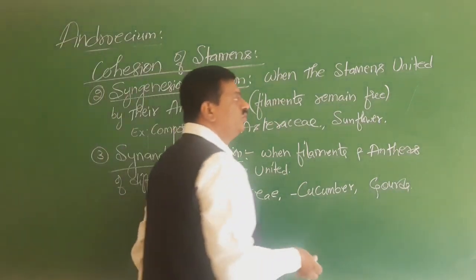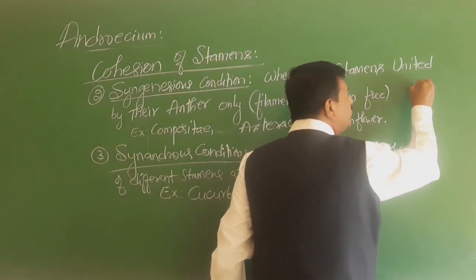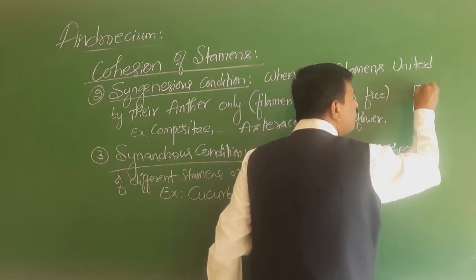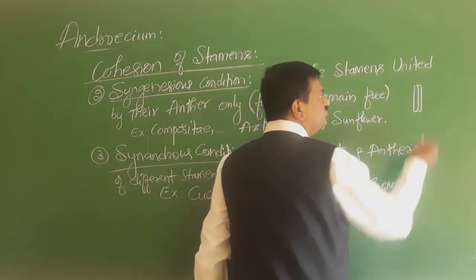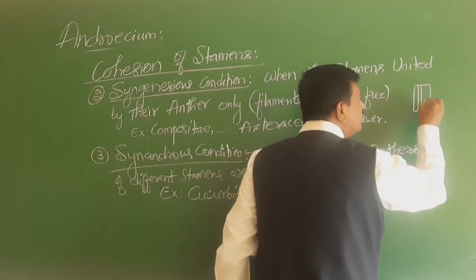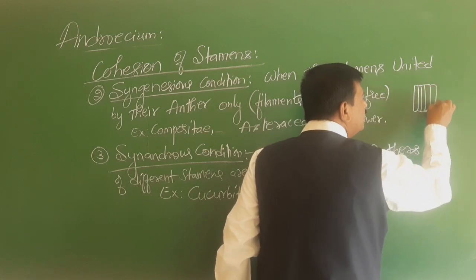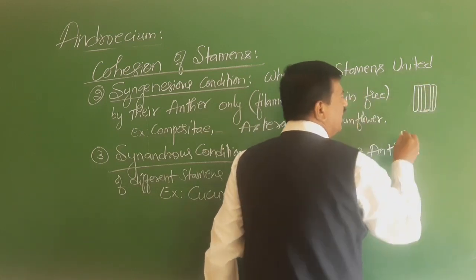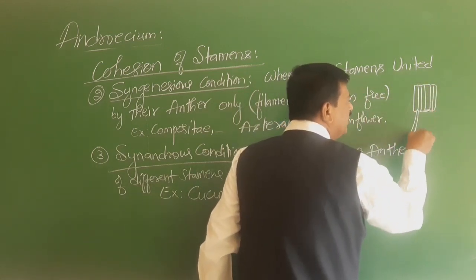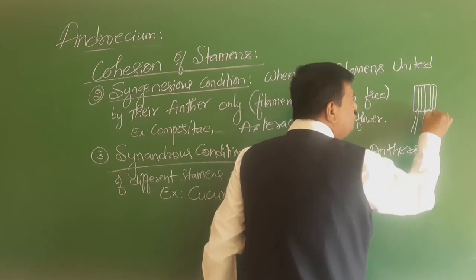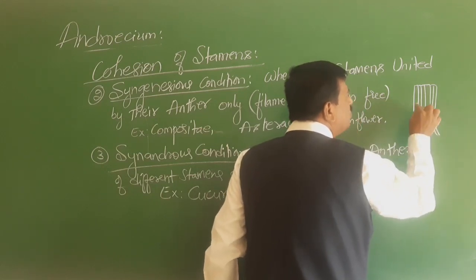So here when we go for the anther, this is one anther, this is one more anther, and here one more anther. So what is happening here? The anthers are fused, filaments are free.